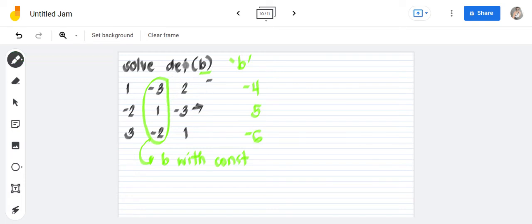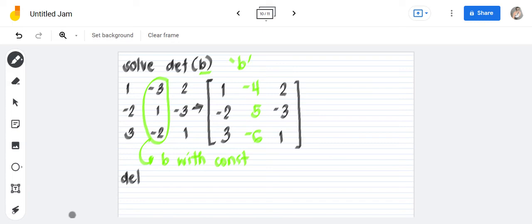So we transform this into a new matrix. Now the determinant of matrix B is equal to 1, 5, 1, it's 5, negative 3, negative 4, negative 3, negative 3.